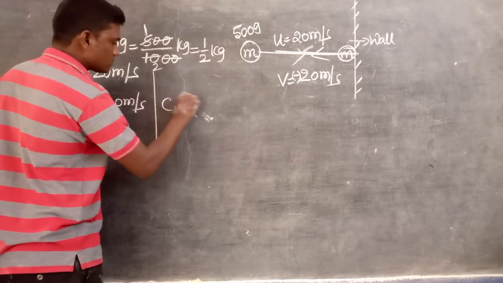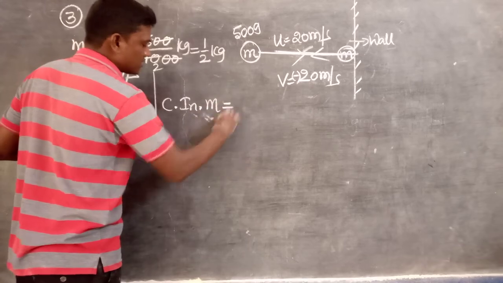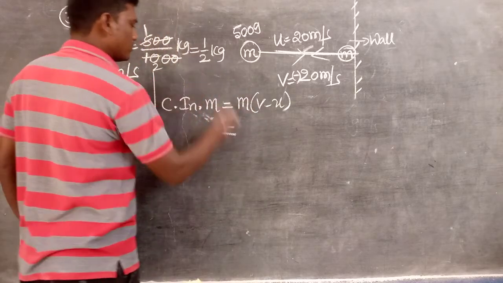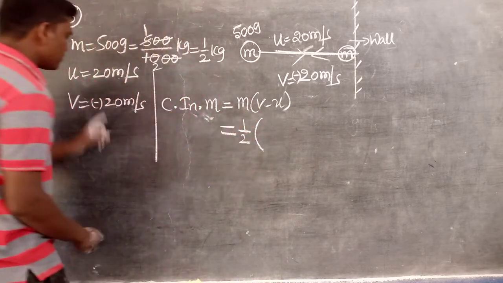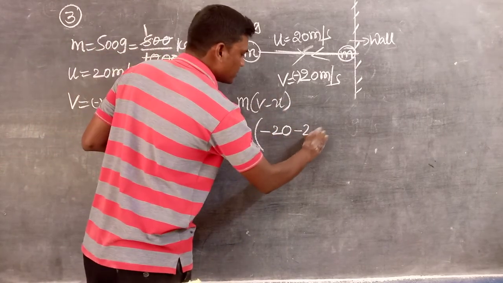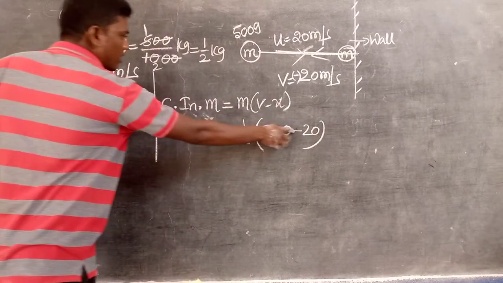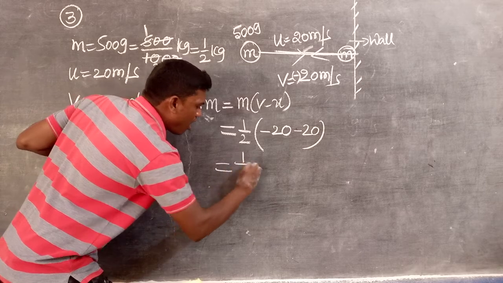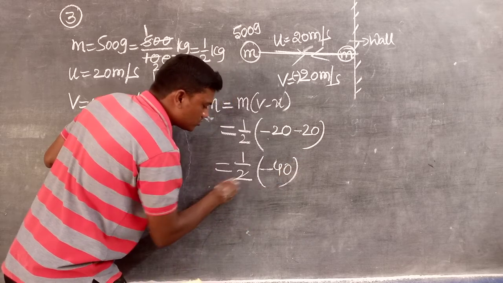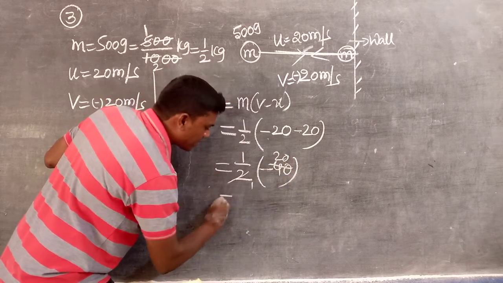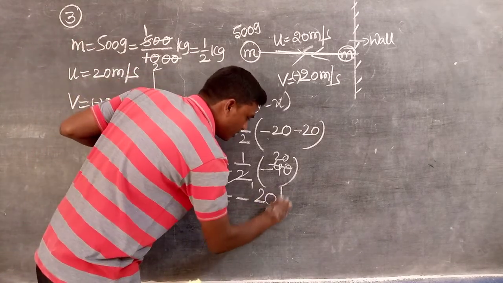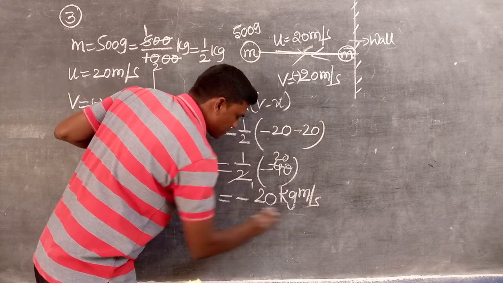Now change in momentum is simply m(v minus u). What is the m value? 1 by 2 kilogram. What is the v value? Minus 20. And what is the u value? 20. So that equals half into minus 20 minus 20, which is minus 40. Half of 40 is 20, so minus 20 kilogram meter per second.